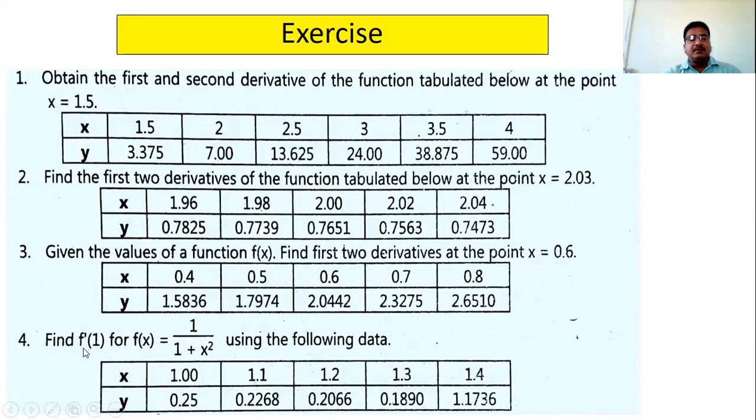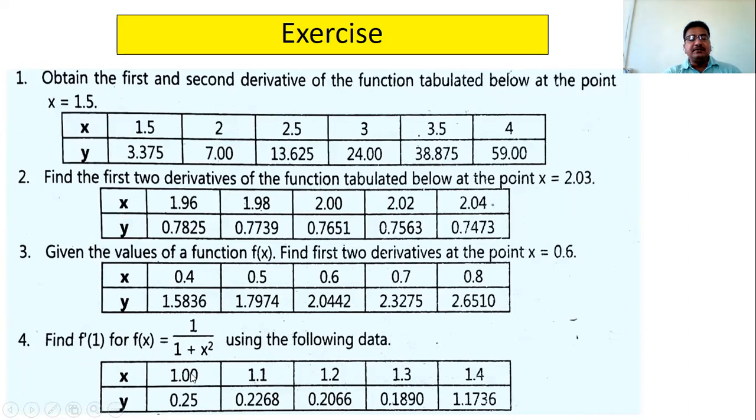And then find f dash 1 for f(x) = 1/(1+x²) using the following data. The data is given, the function is also given, but there is no need for the definition of the function. We just have to find f dash 1, meaning the first order derivative at 1, at the first point. So problem number 4 is similar to problem number 1: we have to find the first order derivative at the first point, at 1.